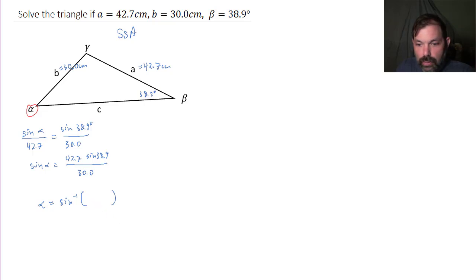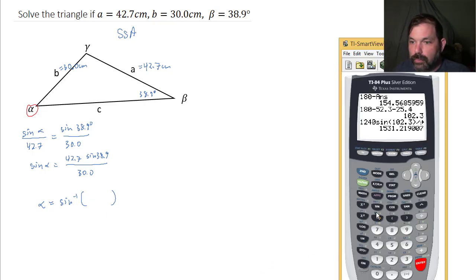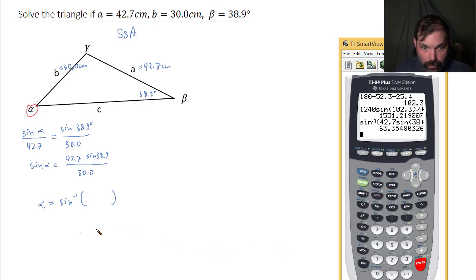Let's calculate that. So the sine inverse of 42.7 sine 38.9, close that off, divide by 30, close off the entire sine inverse and hit enter. 63.4 degrees.